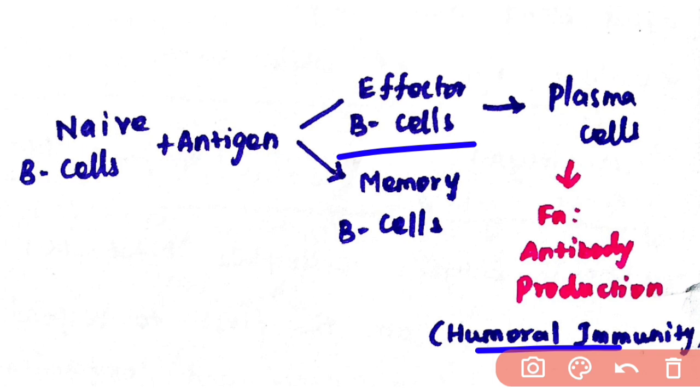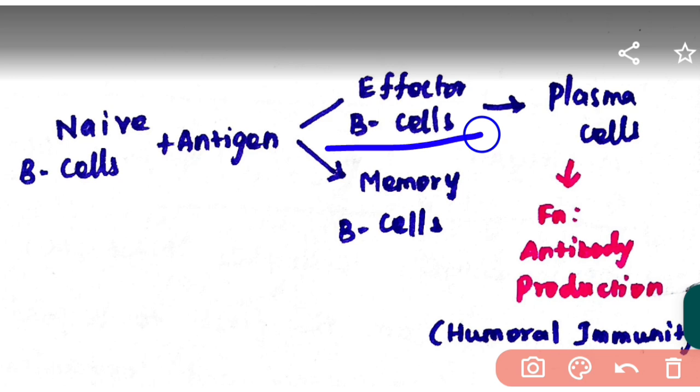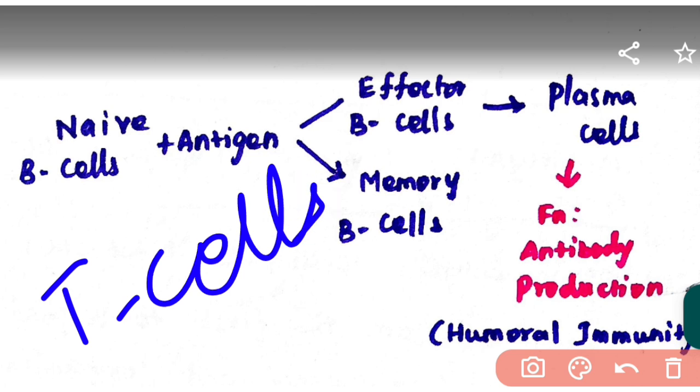The immune response given by T cells is known as cell mediated immune response, which we will discuss later in this video. So the immune response given by B cells is known as humoral immunity, and the immune response given by T cells is known as cell mediated immunity.